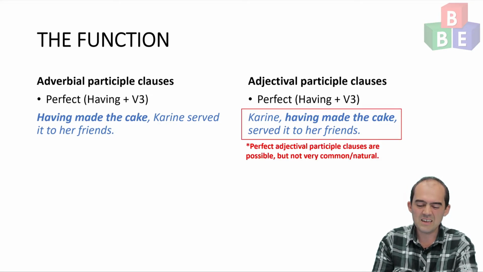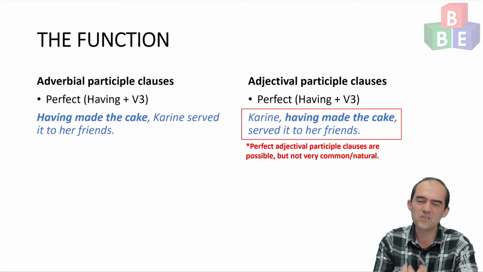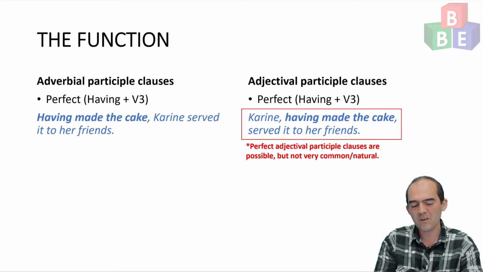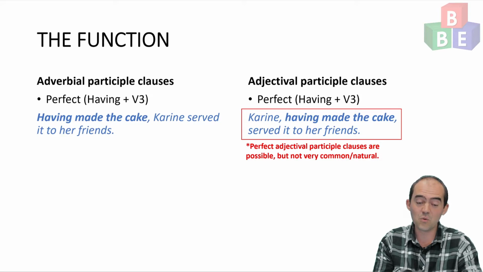However, the adjectival reduced relative clause form is possible, but it's not very common, not very natural. When we use this form, having plus verb 3, we typically always put it at the front as an adverbial. So, having made the cake, Karini served it to her friends. This is a lot more common, and this is the one you should use.